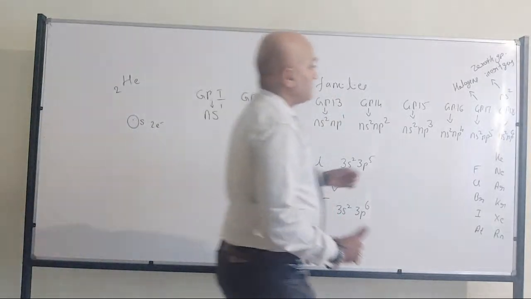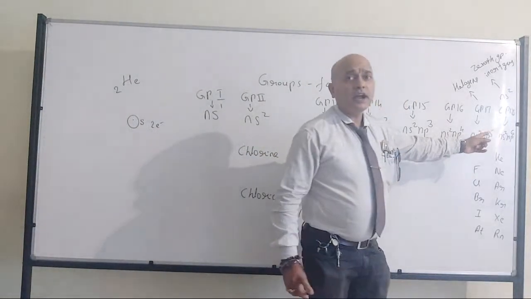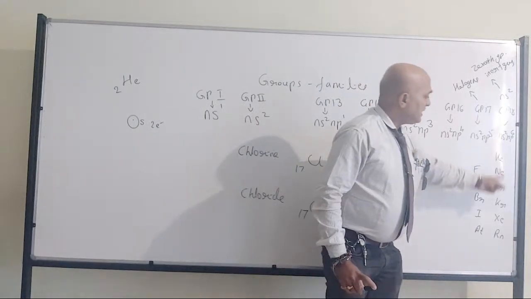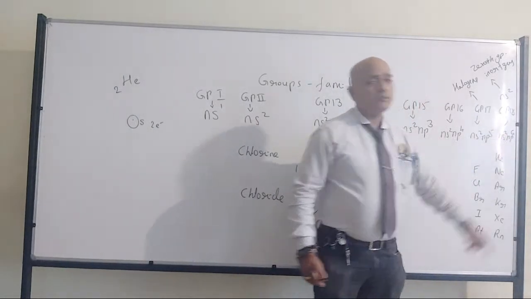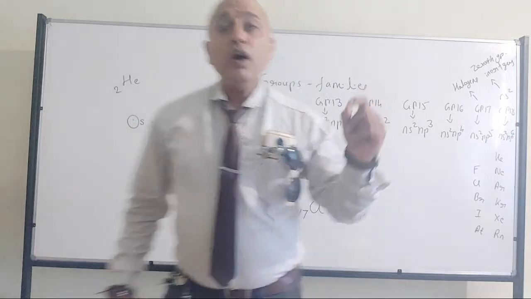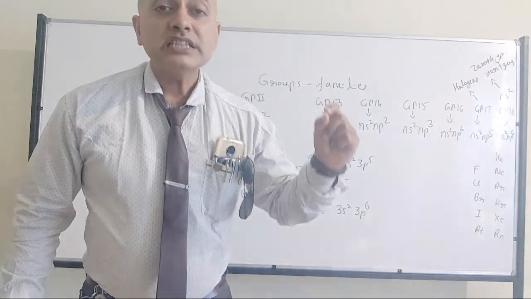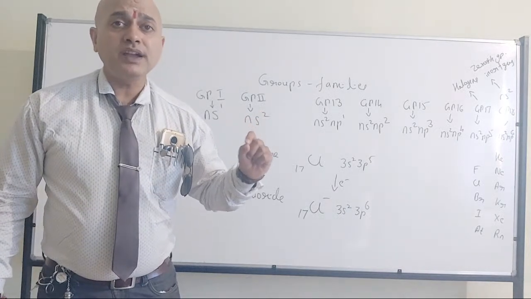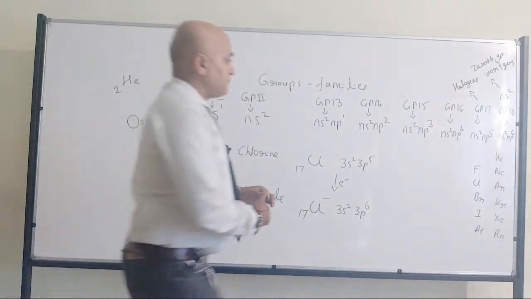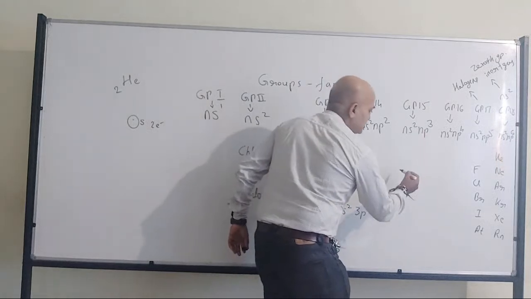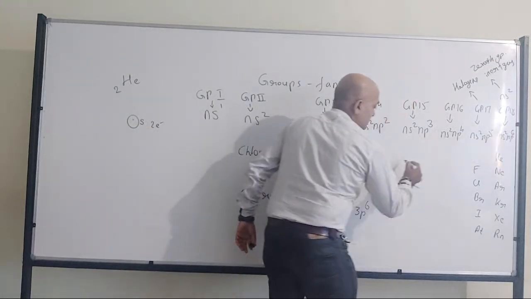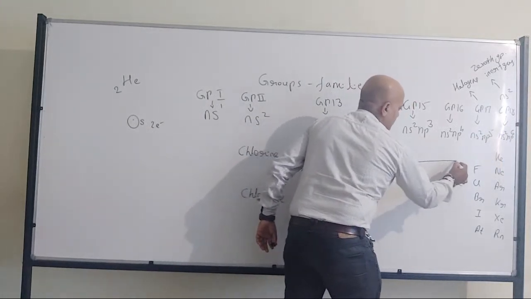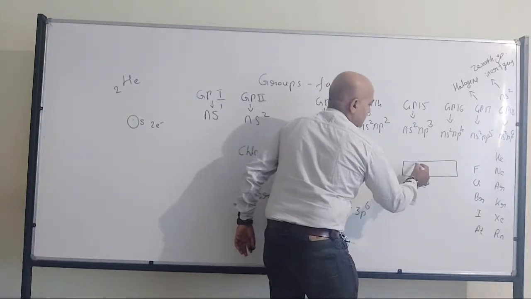Please remember, from atomic structure, a completely filled orbital is a stable orbital. Now I am talking about ns2 np6. What is the total number of orbitals present in the p subshell?